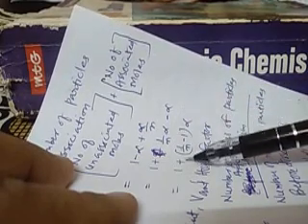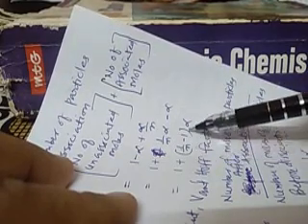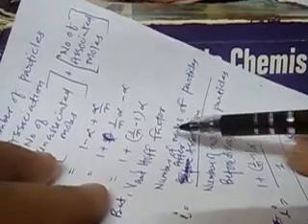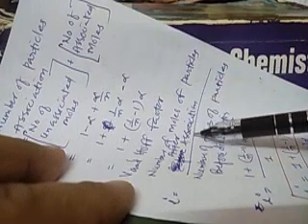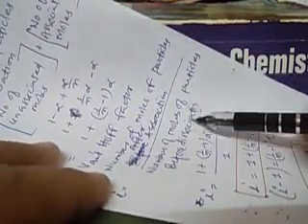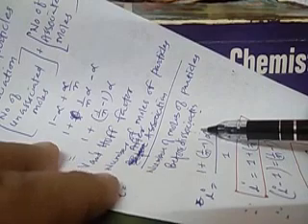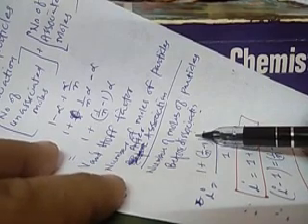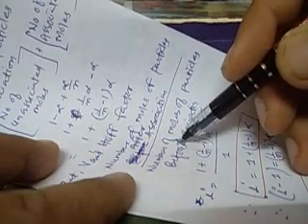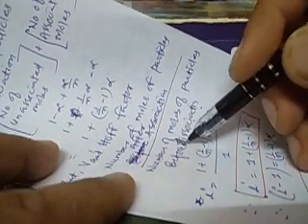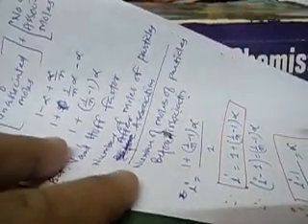If we take alpha common, it is equal to 1 plus (1 by n minus 1) alpha. This is what is known as the van't Hoff factor. So the van't Hoff factor i is equal to the number of moles of particles after association divided by the number of moles of particles before association. If I have written dissociation here, I must write association. Even if you have written dissociation, please do the necessary correction.